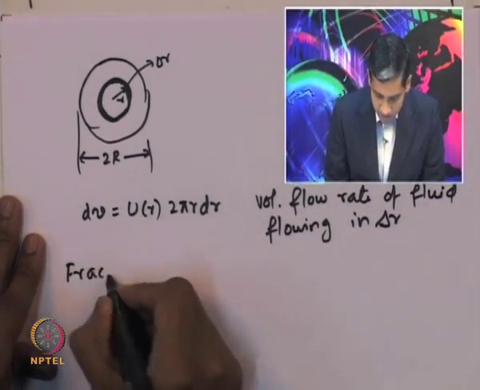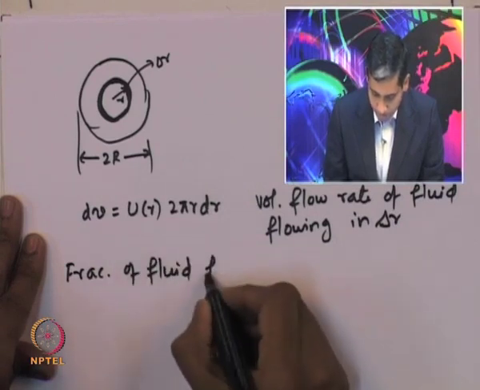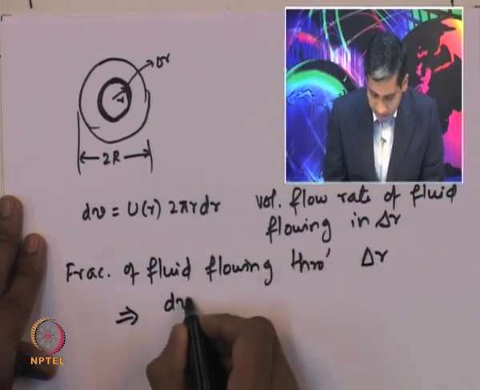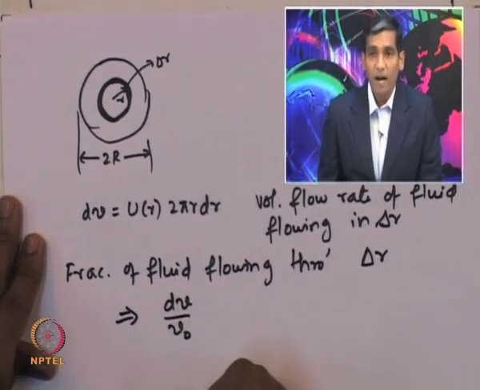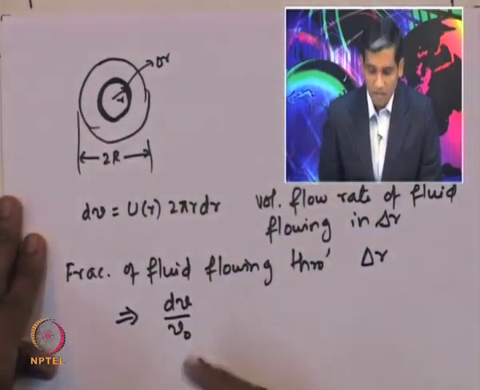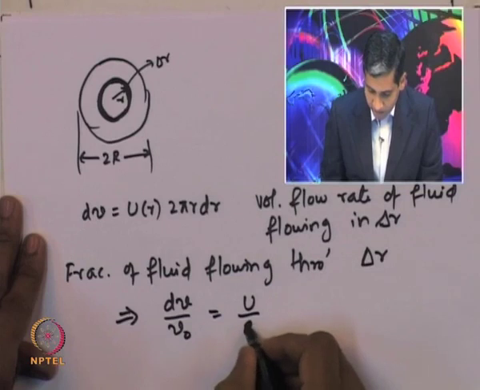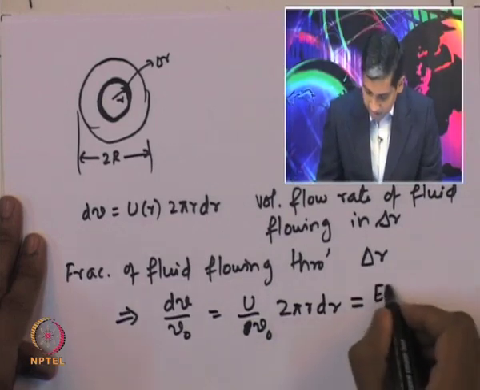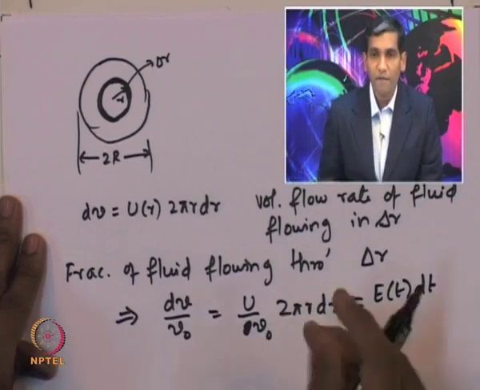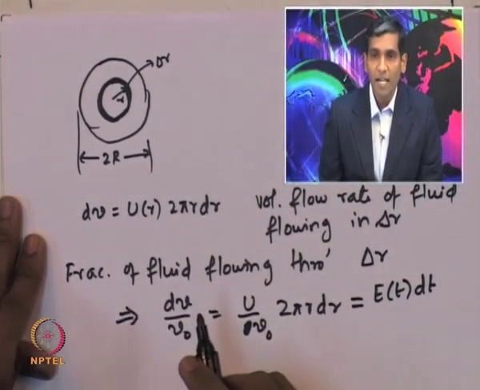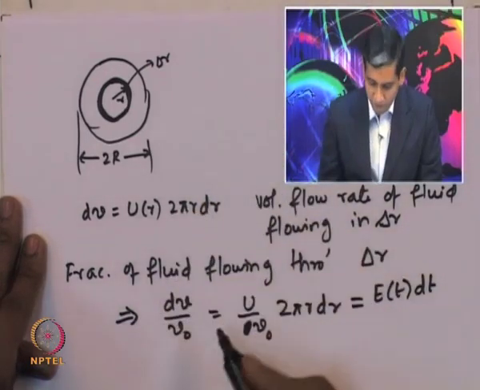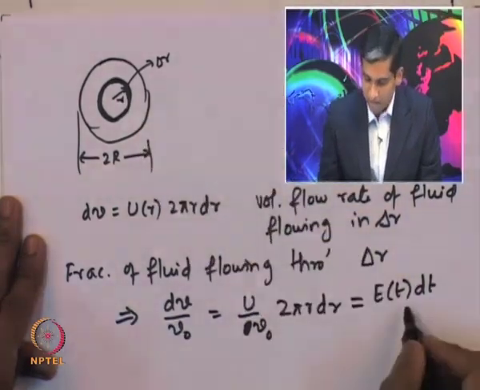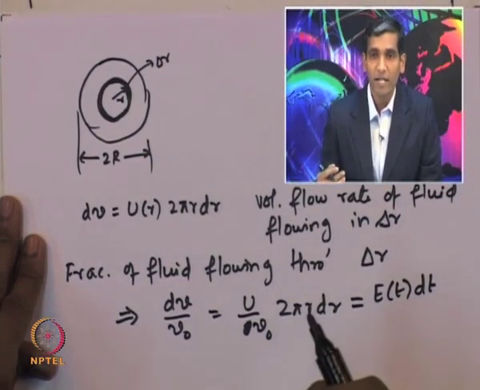That fraction of fluid through delta r is given by dV by V naught, where V naught is the flow rate with which the fluid enters the reactor, and that is equal to u by V naught into 2 pi r dr. That is nothing but E of t dt, the fraction of the fluid going through this small element whose volumetric flow rate is between V and V plus delta V, and whose time spent inside the reactor is between t and t plus delta t.